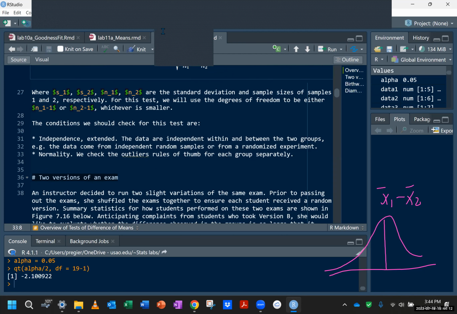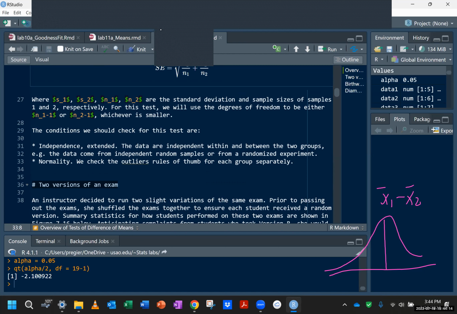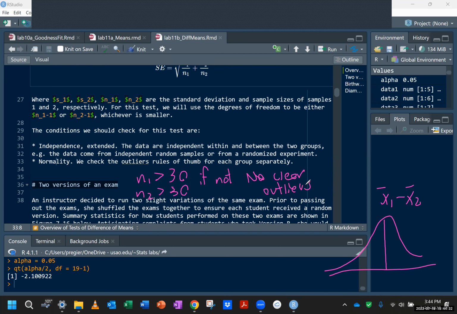If you remember from the previous lab, N1 has to be greater than 30, and N2 has to be greater than 30. If not, there must be no clear outliers. So we have to check within two standard deviations of each other.